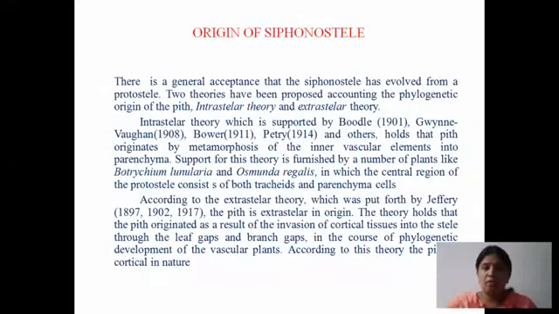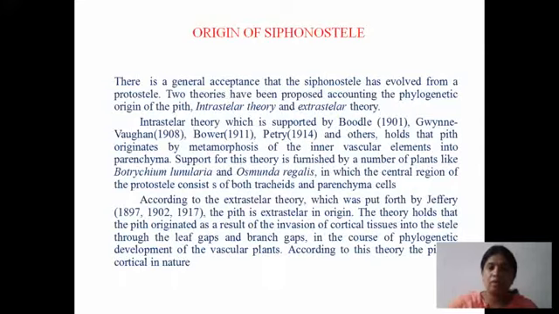Origin of siphonostele. There is a general acceptance that the siphonostele has evolved from a protostele. Two theories have been proposed accounting for the phylogenetic origin of the pith: intrastelar theory and extrastelar theory. Intrastelar theory, which is supported by Bertrand, Gwynne-Vaughan, Bower, Tansley and others, holds that pith originates by metamorphosis of the intervascular elements into parenchyma.